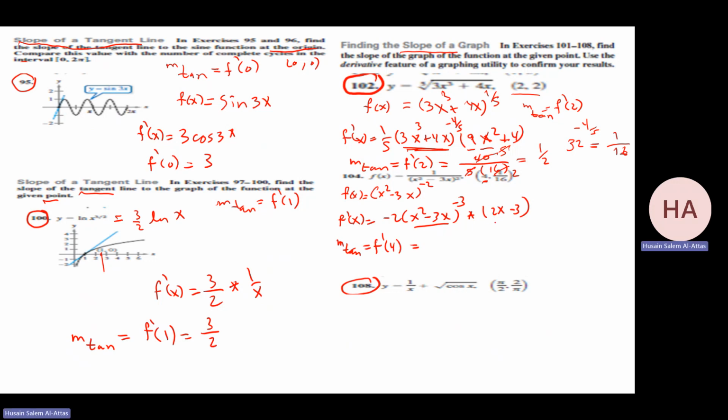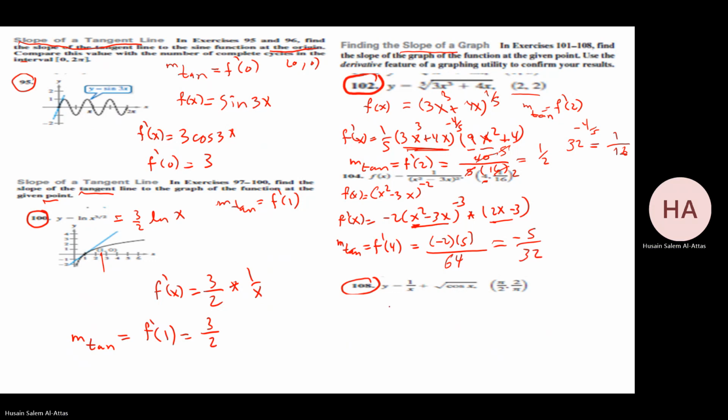This is 8 minus 3, 5, minus 2 times 5 over what? Here I have 16 minus 12 over 64. Correct? 16 minus 12 is 4, 1 over 4 cubed, no, 1 over 64.